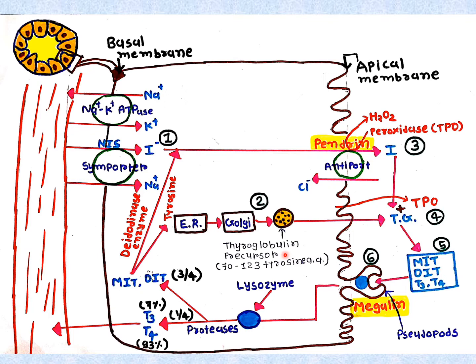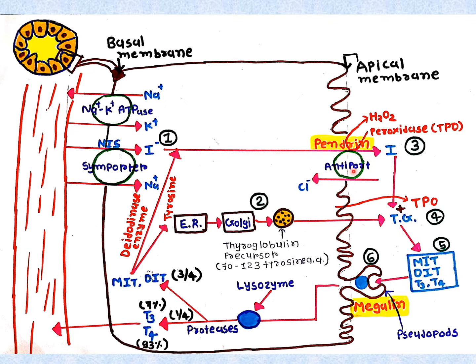But only 4 to 8 tyrosine amino acids are incorporated into thyroid hormone. So the endoplasmic reticulum and Golgi apparatus synthesize this thyroglobulin precursor, and it enters near or in the apical membrane. So this is the second step.